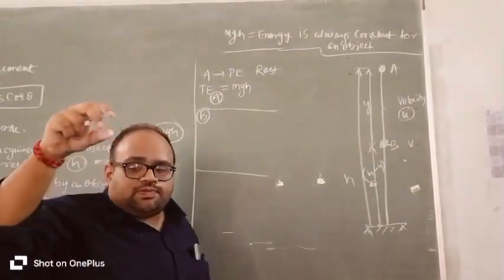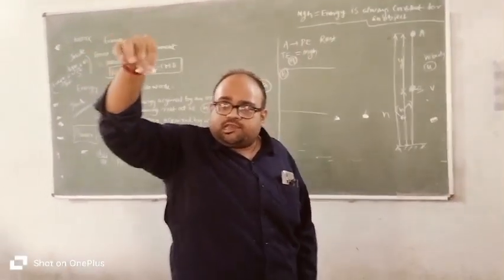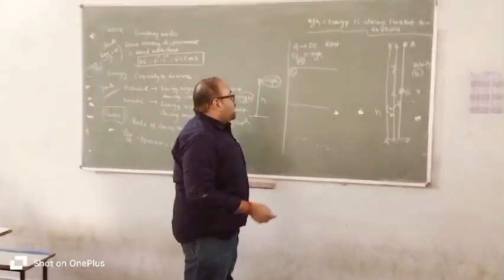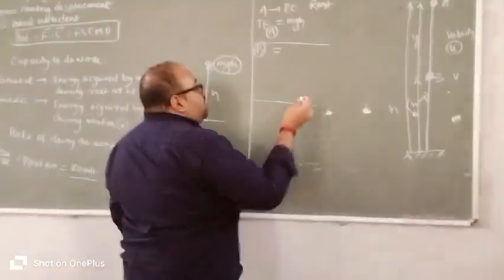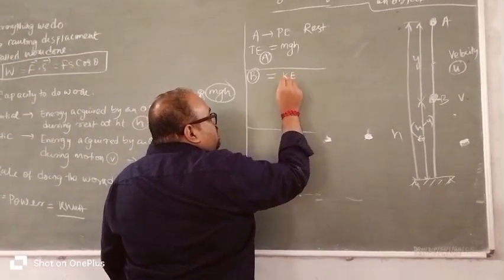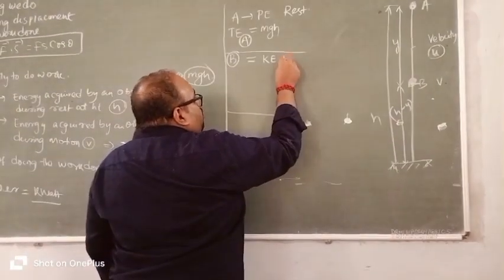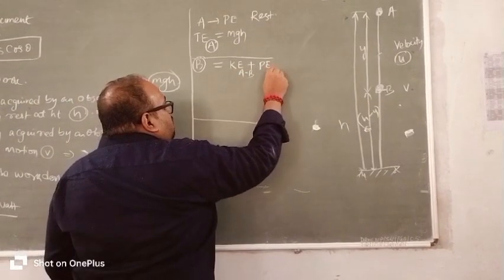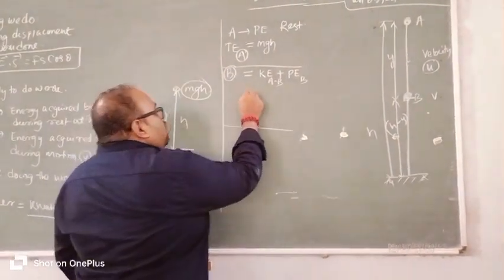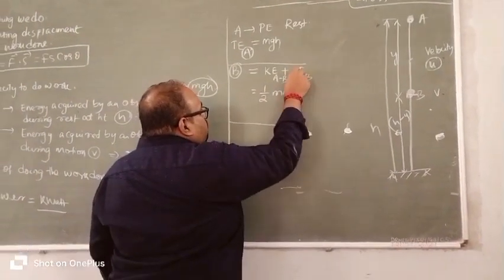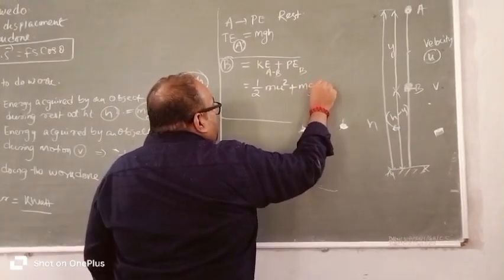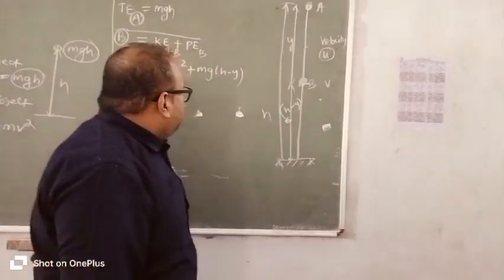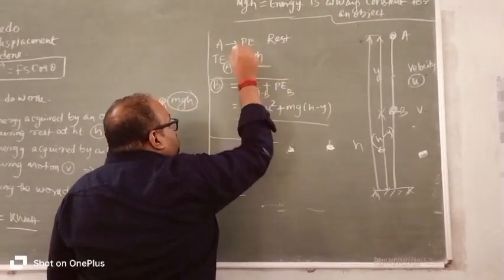Similarly at point B, for example the top is released from A and reaches point B. The energy acquired will be first kinetic energy covering y distance at u velocity, and potential energy after reaching B. So half m u square plus potential energy, which will be mg(h minus y), because at height h minus y we write mg(h minus y).